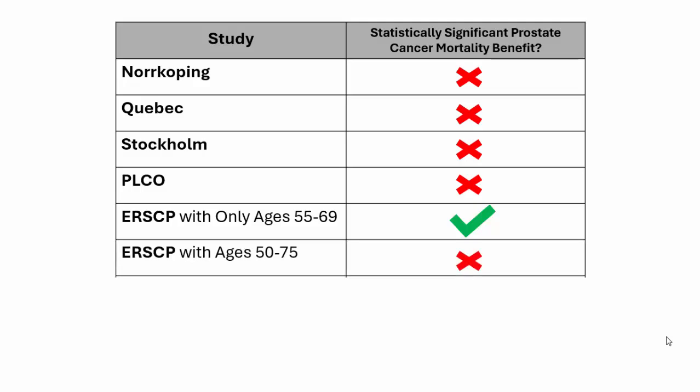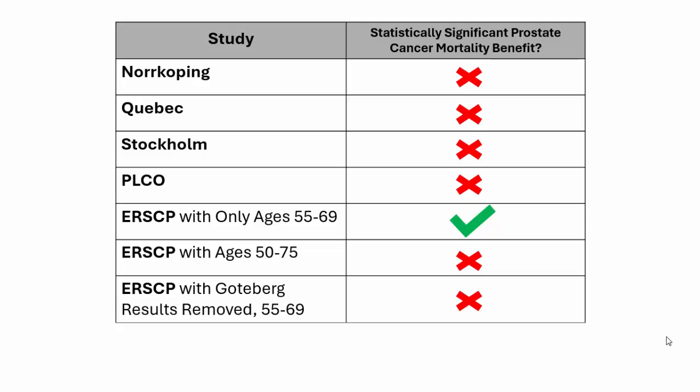If you include all participants, including 50 to 75, then the study becomes not statistically significant. And if you look at just the 6 other sites other than the Swedish arm of the ERSPC, even if you look at the age subgroup 55 to 69, the statistically significant benefit goes away.